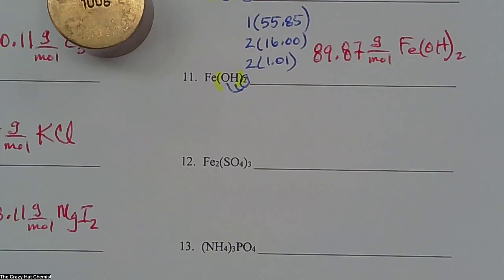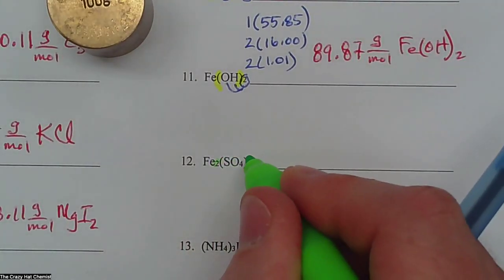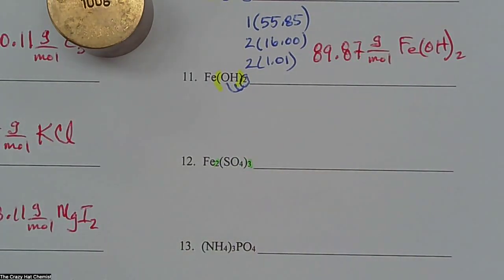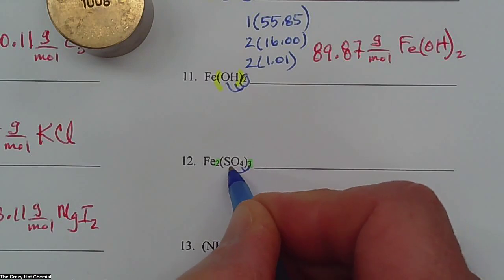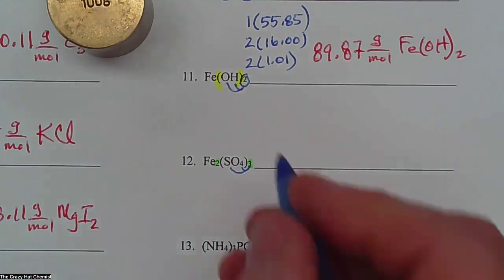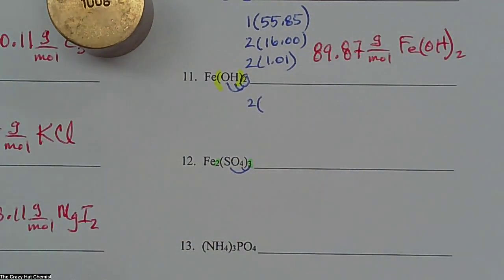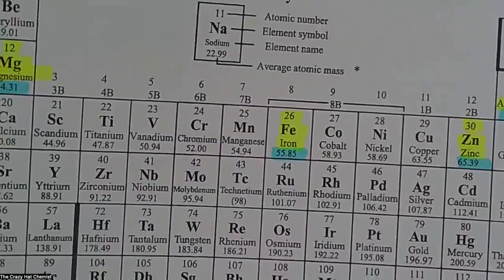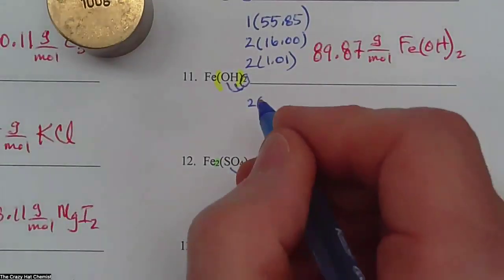All right, the next one. I'm going to use another color here. There are 2 irons, and this 3 that's highlighted here is going to be distributed amongst what's inside the parentheses. So how many irons are there? Well, there are 2 irons because it's outside, there's no parentheses around that. The molar mass for iron is right here, 55.85.